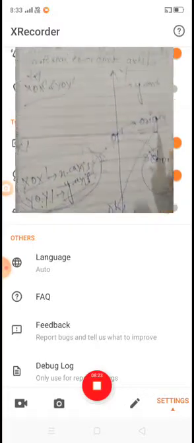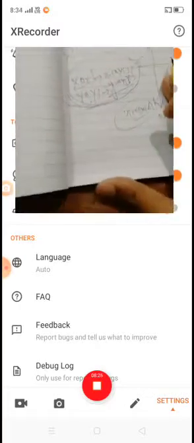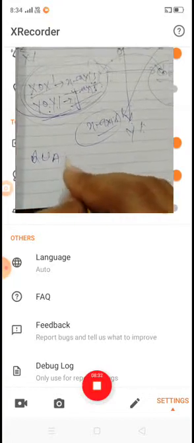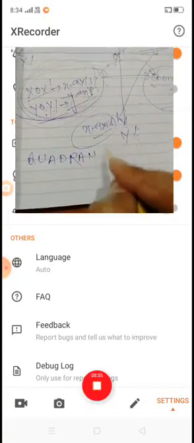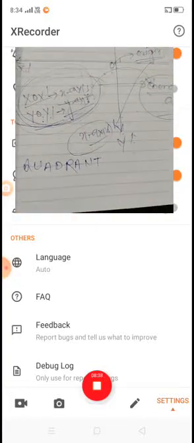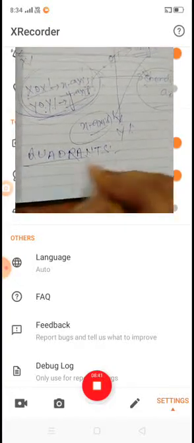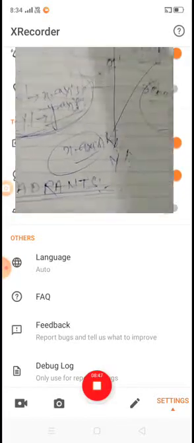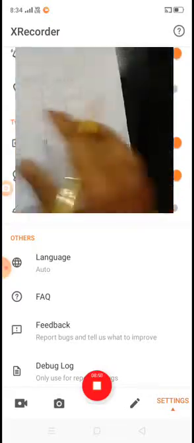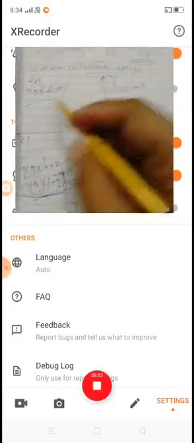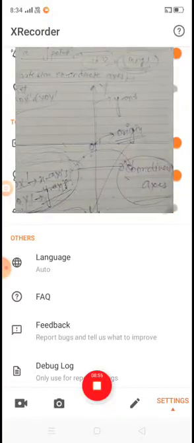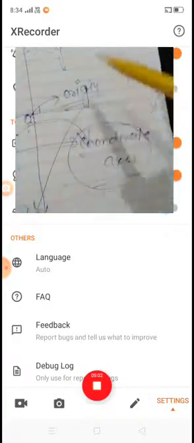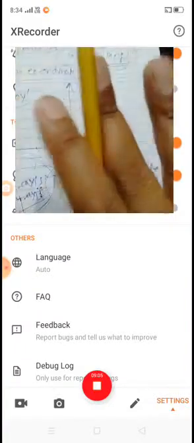Okay, now we discuss quadrants. In this figure the coordinate axes XOX dash and YOY dash divide the plane of the graph paper into four regions.